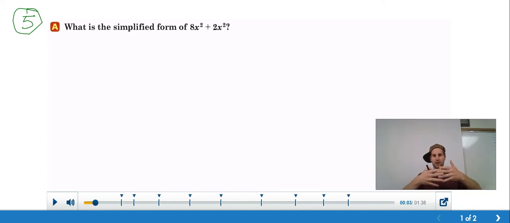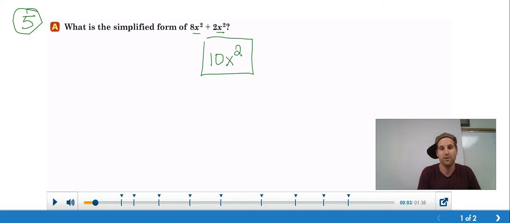They have the exact same variable, x squared and x squared. When you have the same variable, the number in front, which we call the coefficient, we can put together. So all we have to do is say, what's 8 plus 2? That's 10. Then we leave on our variable, as long as they're the same.